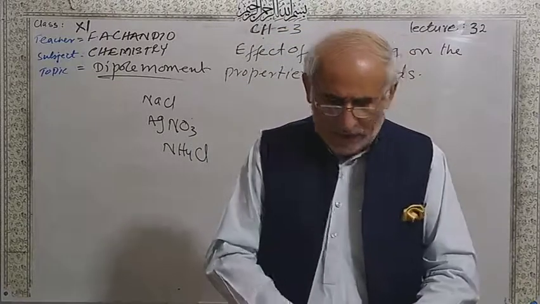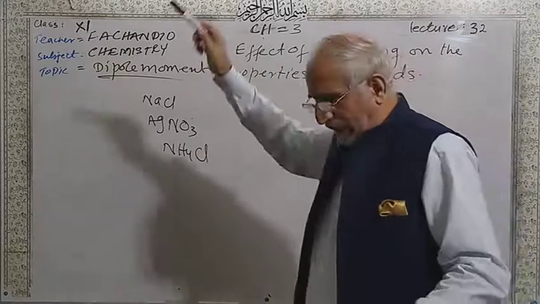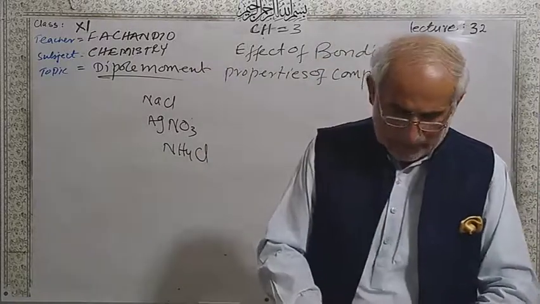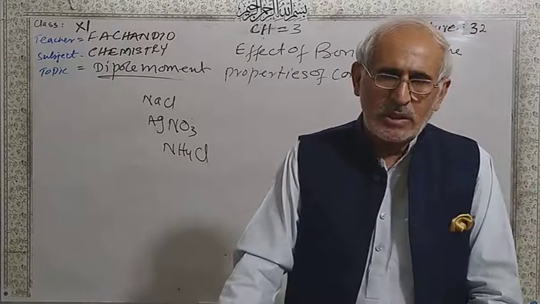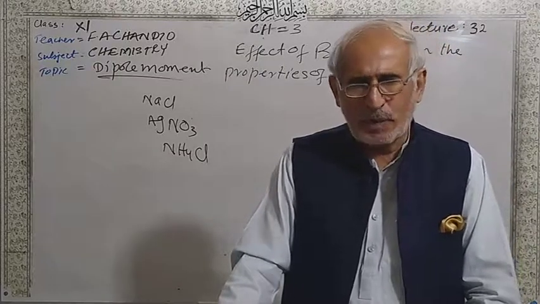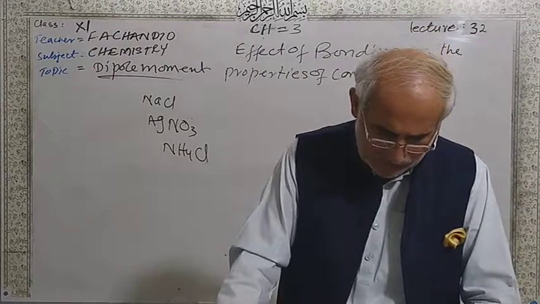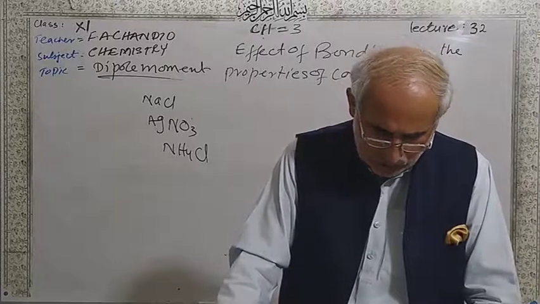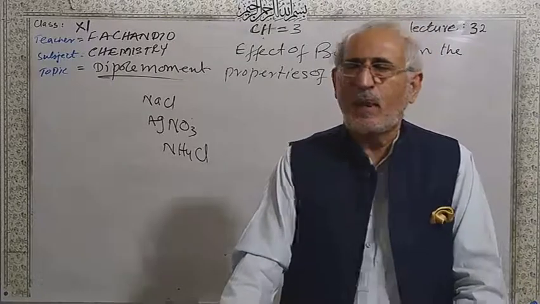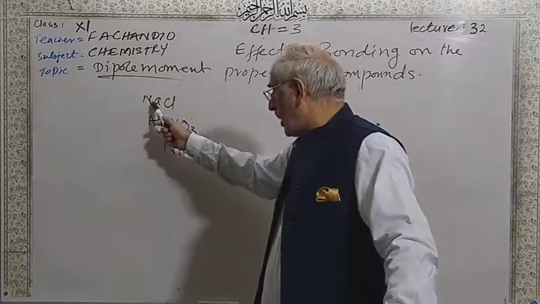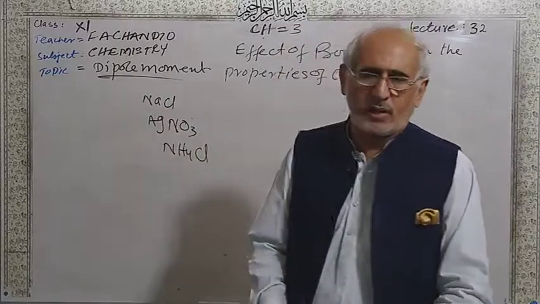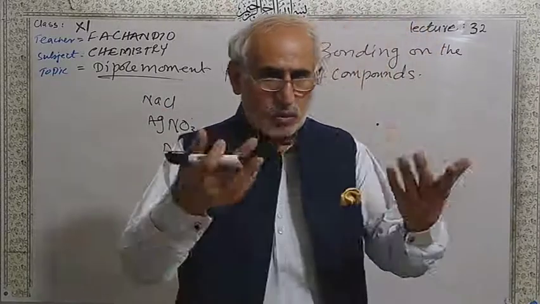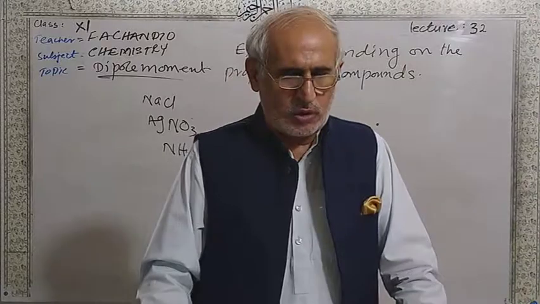When the crystals of an ionic compound, as I told you, are put in water, water is polar. Polar water has partial positive hydrogen and partial negative oxygen. So the anions and cations of the salt move towards the water molecules.